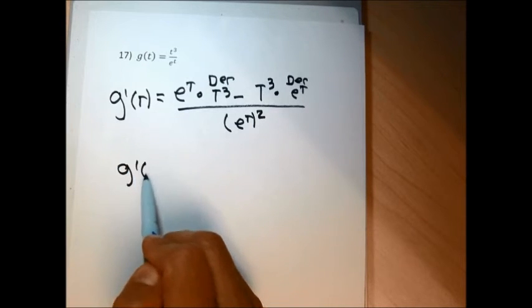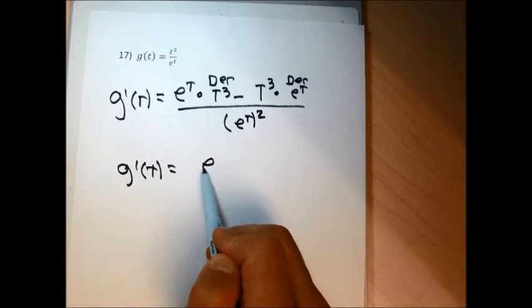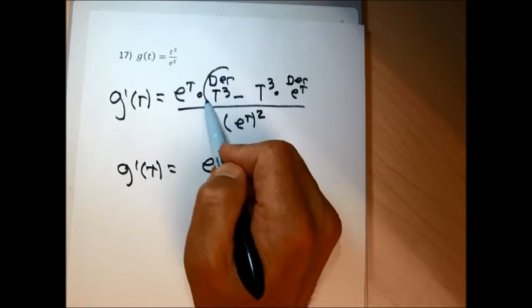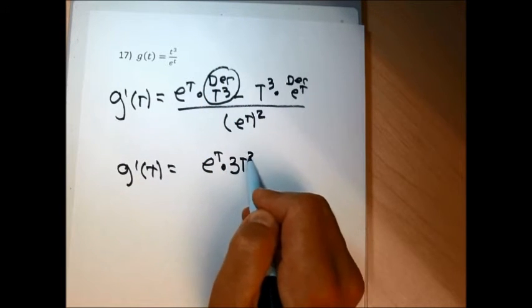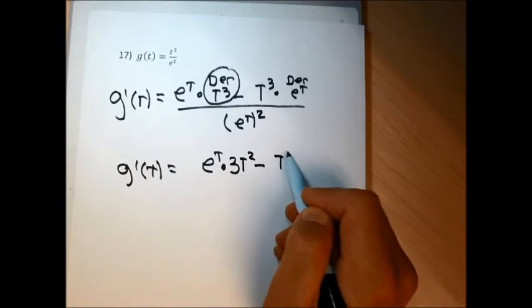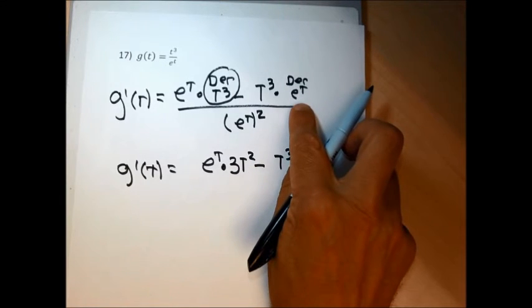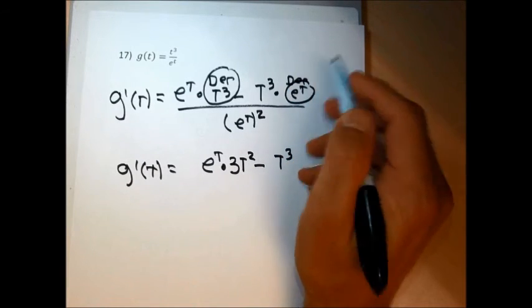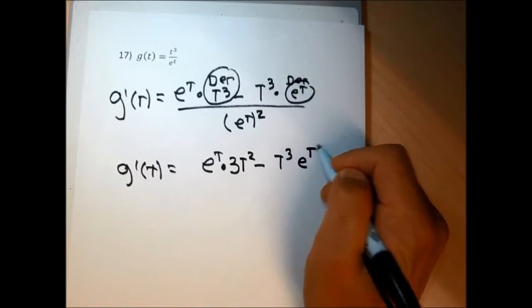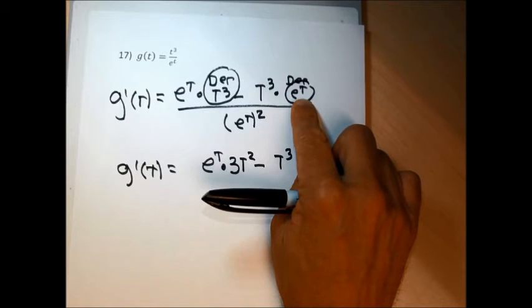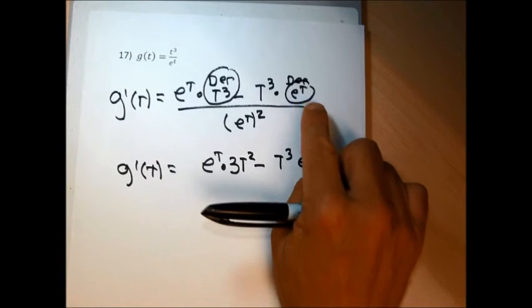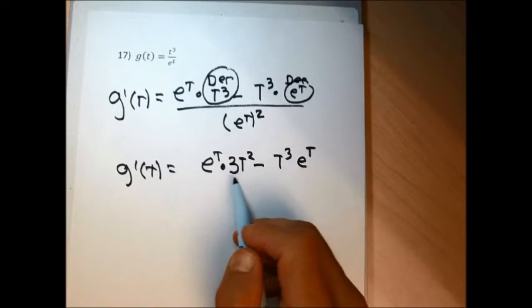So I'm going to get g prime of t equals e to the t, and then the derivative of t cubed is 3t squared, so e to the t times 3t squared, minus t cubed times the derivative of e to the t. Any e has itself as part of the derivative, and then you add on the derivative of the exponent, but the derivative of the exponent is just 1, so I don't have to do anything else. So the derivative of e to the t is e to the t.